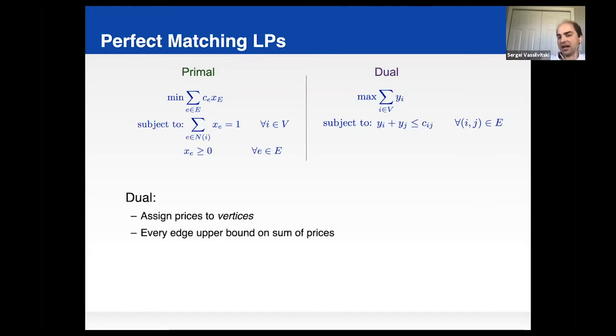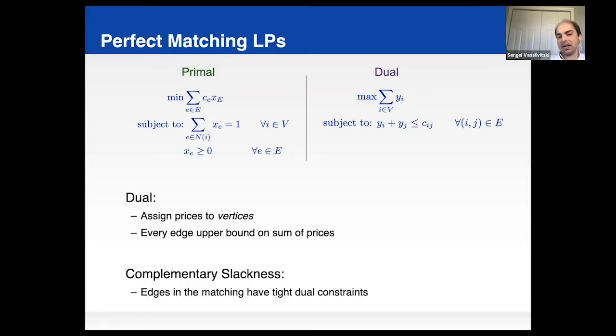So the question is, how do I decide for a particular edge? If I have an edge of weight 10, I can split it equally and say that the prices are 5 and 5 on both sides, or maybe it's 9 and 1, or maybe it's 8 and 2. And this is the combinatorial optimization that I have to do in order to maximize the dual. So I'm assigning prices to vertices, and every edge is going to upper bound the sum of the prices that I have.